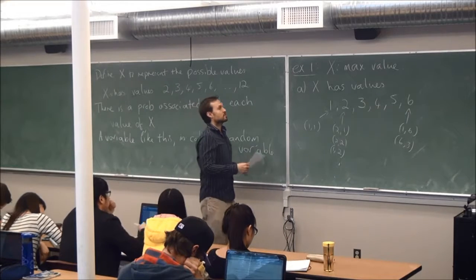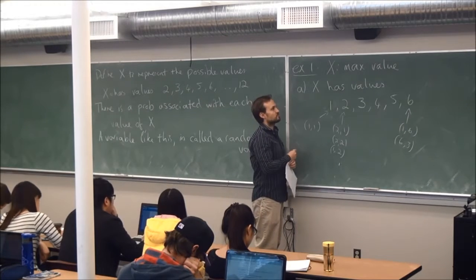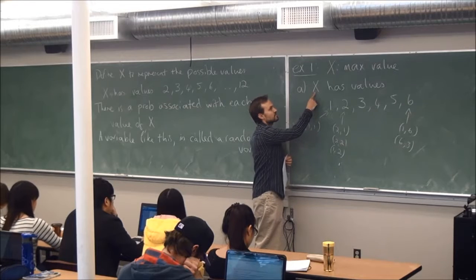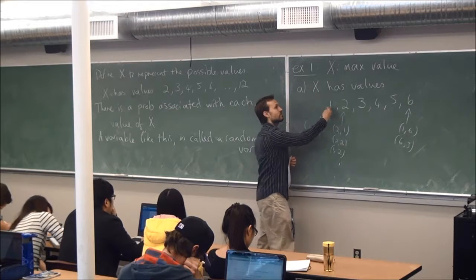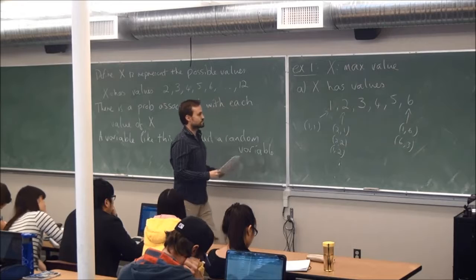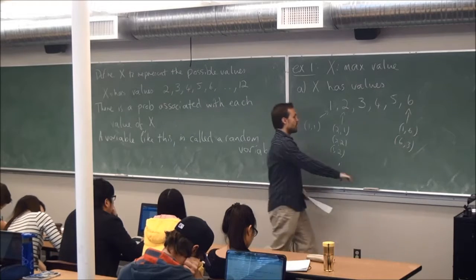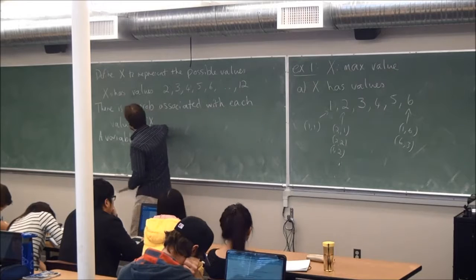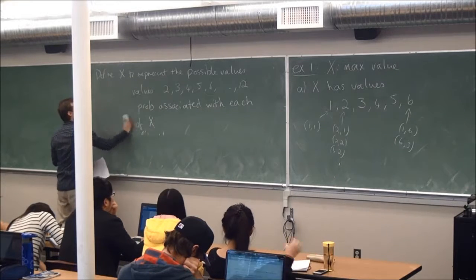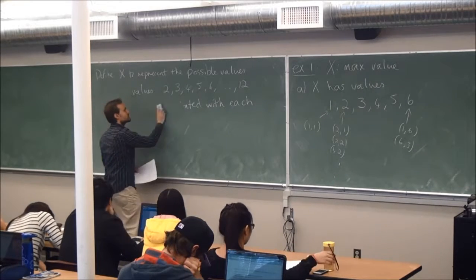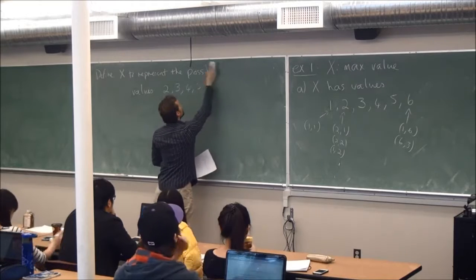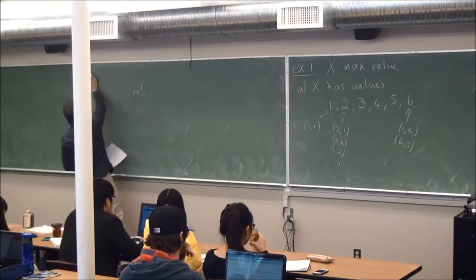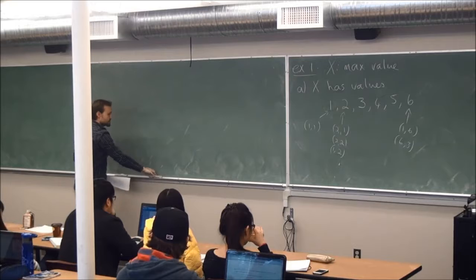So two things are important: the actual experiment that I'm doing and the meaning of X. Those all affect the possible values, and it's important to be aware of both of those things. What is my experiment and what does the variable represent in this case? It's not always going to be the same. So I have to read carefully and then think, what are the possible values?